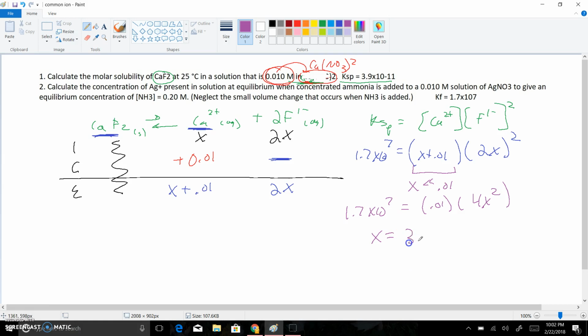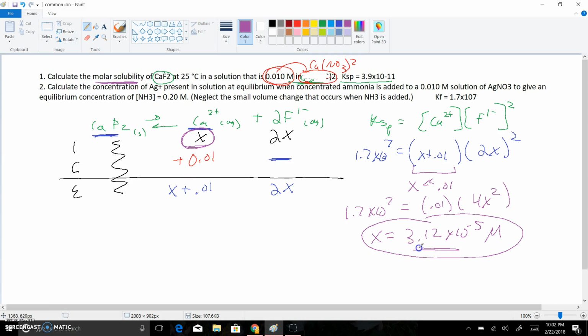I get x equal to 3.12 times 10 to the negative 5. Now that is a concentration, so I'm going to give it units of molarity. That just makes sense. So now if I look at my question again, I'm supposed to calculate the molar solubility of calcium fluoride. Well, x is 3.12 times 10 to the negative 5 molar. That's how much calcium ion I will have in here from the breaking up of this calcium fluoride, even when I've got that 0.01 molar calcium in there.